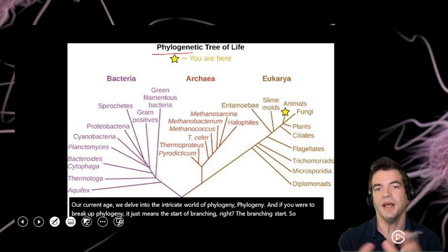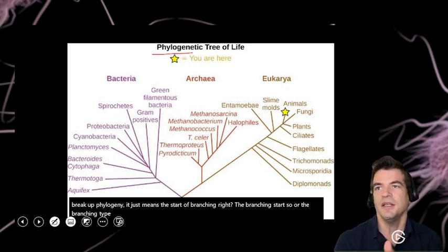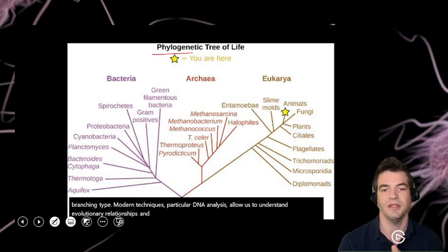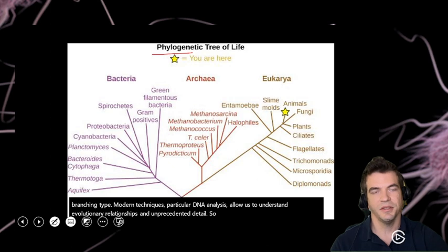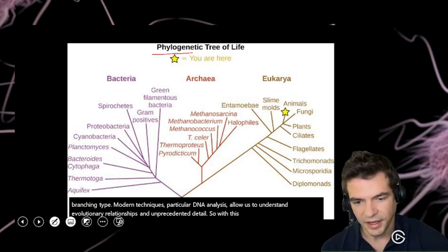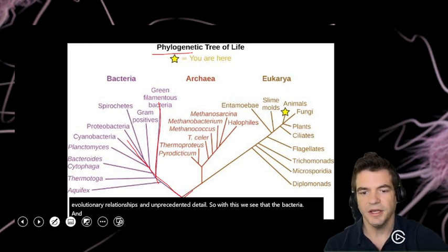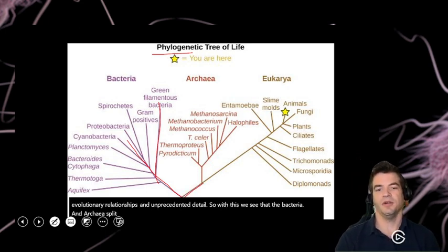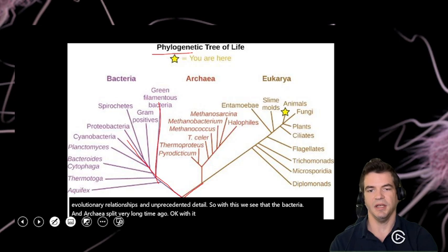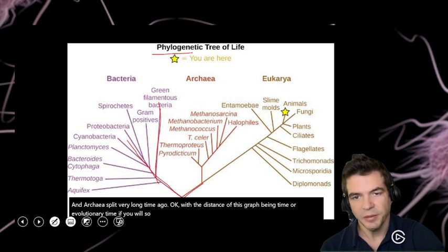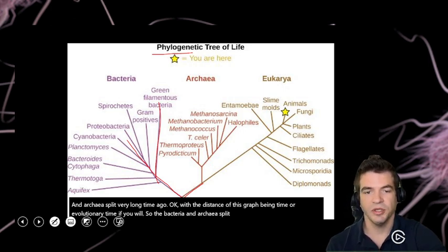Or the branching type. Modern techniques, particularly DNA analysis, allow us to understand evolutionary relationships in unprecedented detail. So with this, we see that the bacteria and archaea split very long time ago, with the distance of this graph being time, or evolutionary time, if you will. The bacteria and archaea split a long time ago.